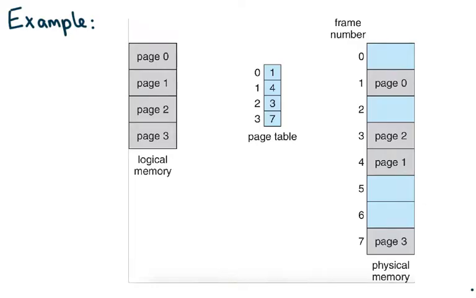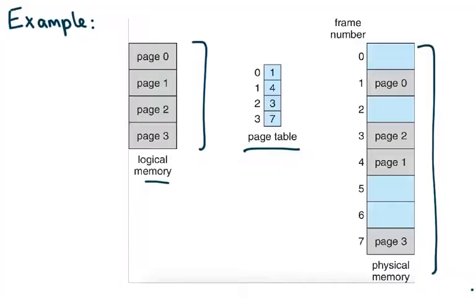So here's one really simple example. In this example, we have our logical memory, and we're just splitting it into these block page numbers. We have our page table that tells us our translation from the logical memory into the physical memory. So for instance, if our CPU generates a logical address of something that's in page 2, we want to be able to take the logical address and look it up in the page table.